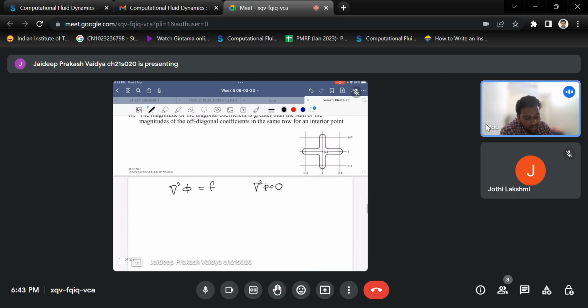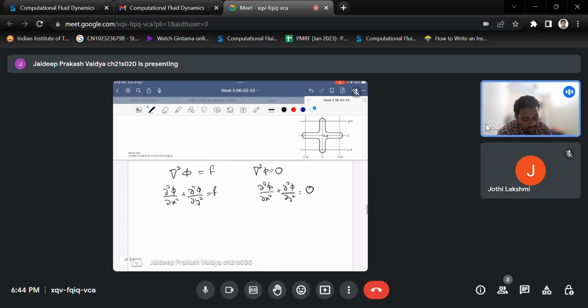Therefore, when we write this for a two-dimensional case as given in this computational molecule, let us write this in terms of x and y. We'll get dou square phi by dou x square plus dou square phi by dou y square equal to f. Similarly, for Laplace, dou square phi by dou x square plus dou square phi by dou y square equal to 0.